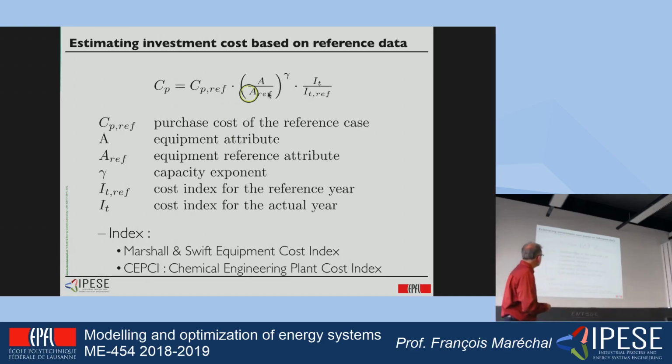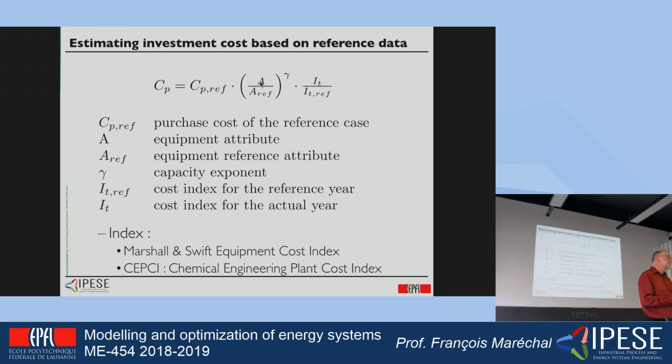The scaling factor is typically not linear. So if I have a reference size and a reference cost, then the cost of the system will be proportional to the size, but not linearly dependent. We know that the bigger the systems are, the less per unit you will have to pay.